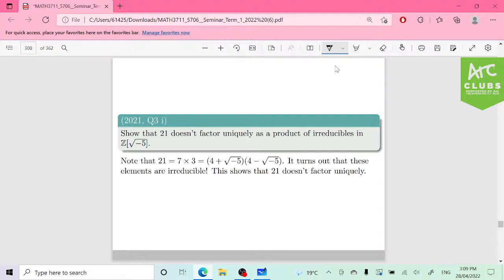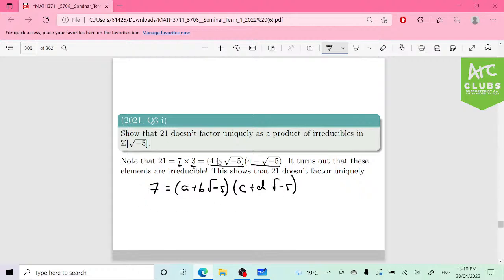It turns out that these four elements, 7, 3, 4 plus square root of minus 5, and 4 minus square root of minus 5, are each irreducible. Meaning that if you try to express 7 as a product of two elements in this ring, you run into a contradiction.